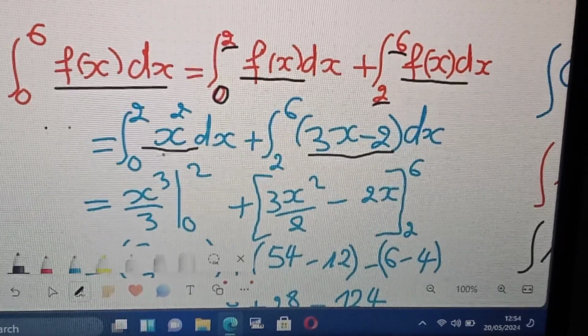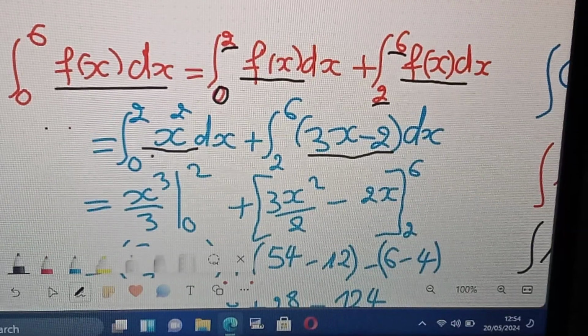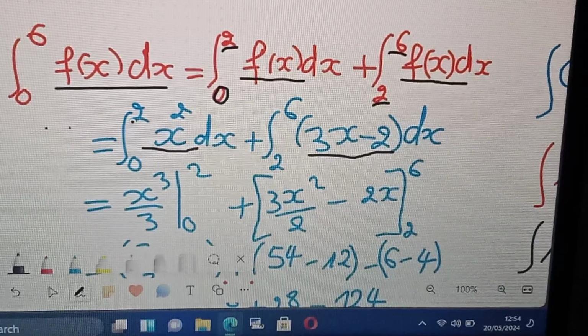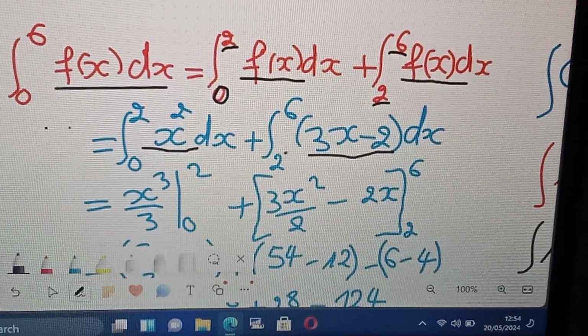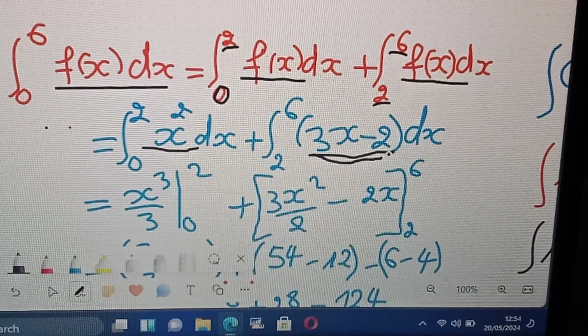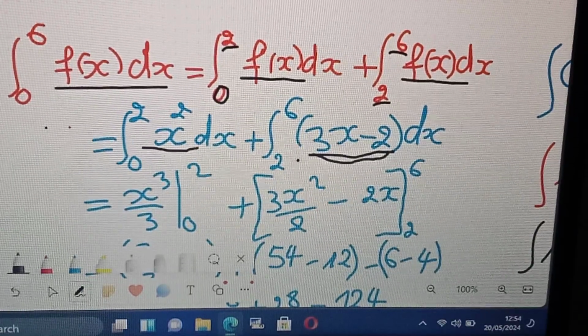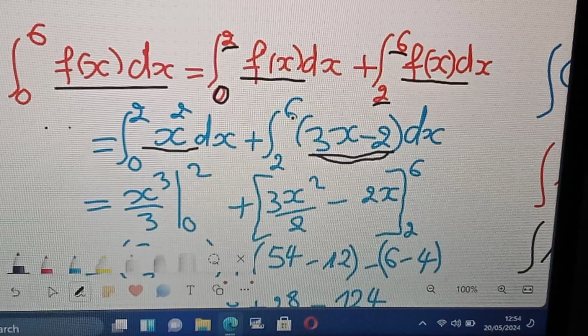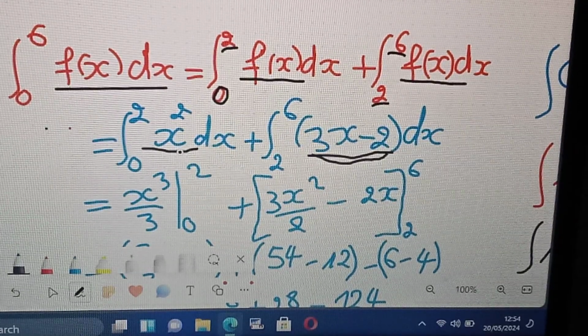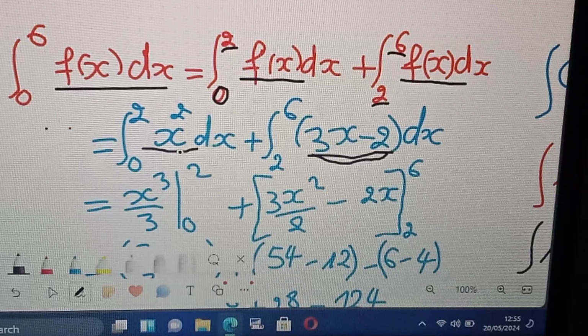For our case, the lower boundary of x squared is 0 and the upper boundary of x squared is 2. Plus the integral of 3x minus 2, the second piece, from 2 up to 6. You see, now those are simple functions to integrate. But the key is to identify the boundaries of each piece.